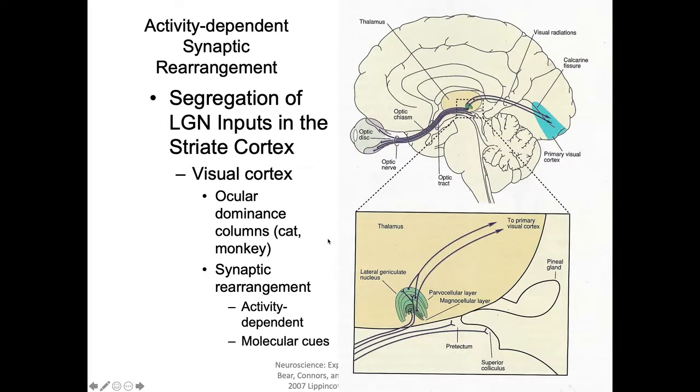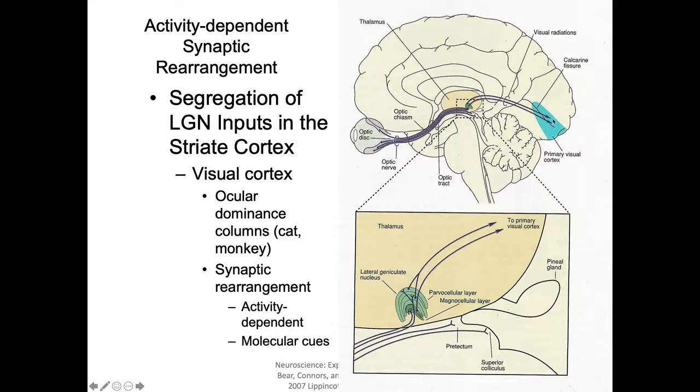So let's take another picture of this and look at what happens when we go from the thalamus up to the primary visual cortex. And so we're going to be looking at what are known as ocular dominance columns. So in the cortex, we have these multiple different layers, and these layers have different types of functions that are associated with processing visual input.